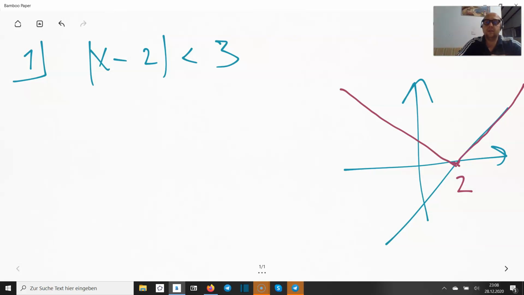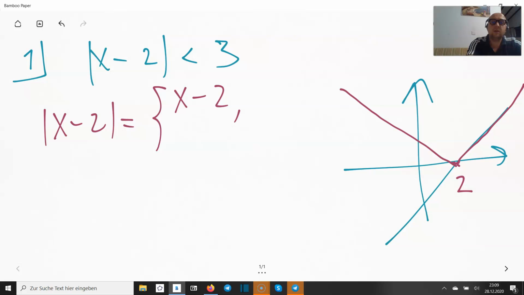So solving this absolute value, we have x minus 2 being equal to x minus 2 if x is bigger or equal to 2, or minus, parenthesis open, x minus 2, parenthesis closed, if x is less than 2.